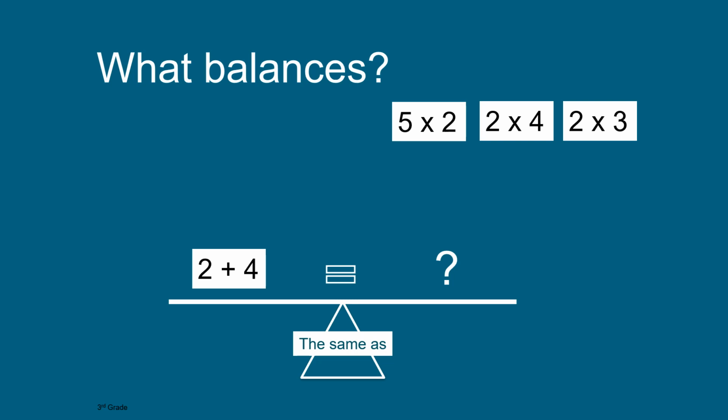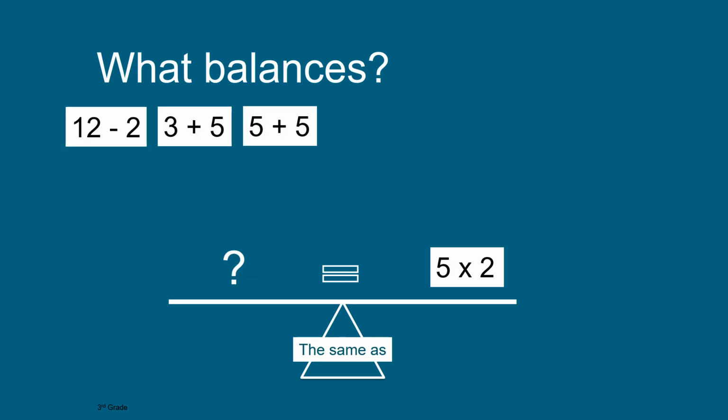Which one is the same as or equal to 2 plus 4? 2 times 3 is the same as or would balance with 2 plus 4. 2 plus 4 equals 2 times 3 because both sides are the same as 6.